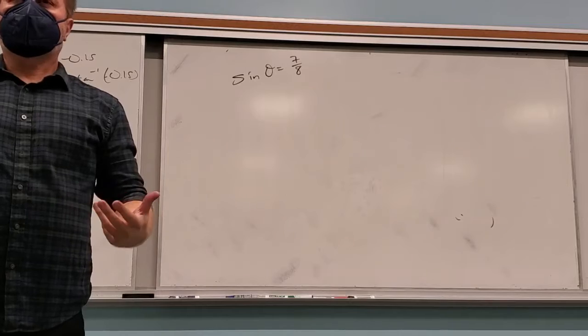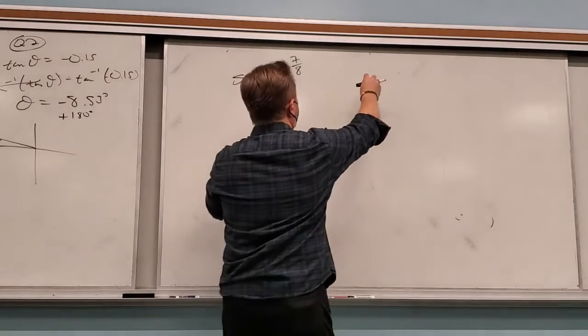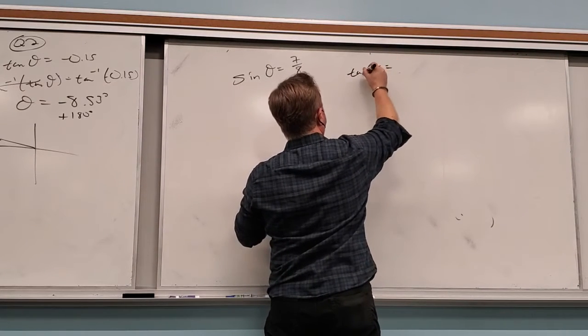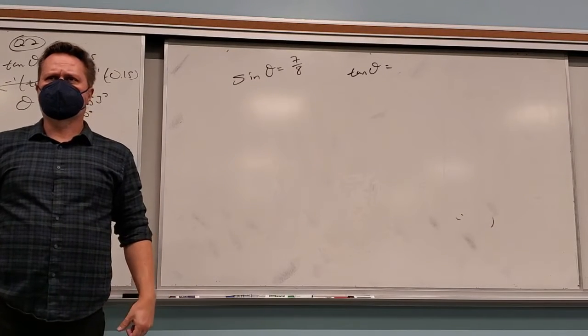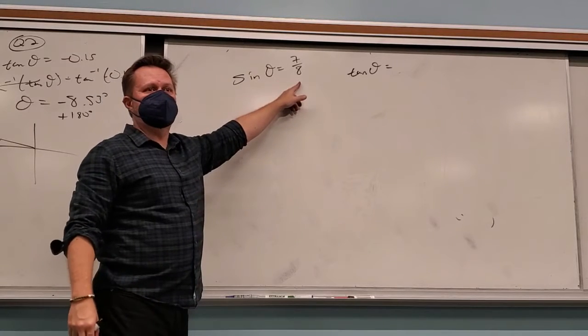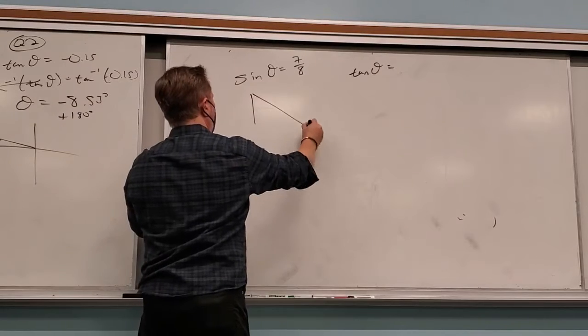Like if I wanted to know the tangent of theta, how could I figure that out? What can I draw based on this? What kind of triangle? Right triangle.